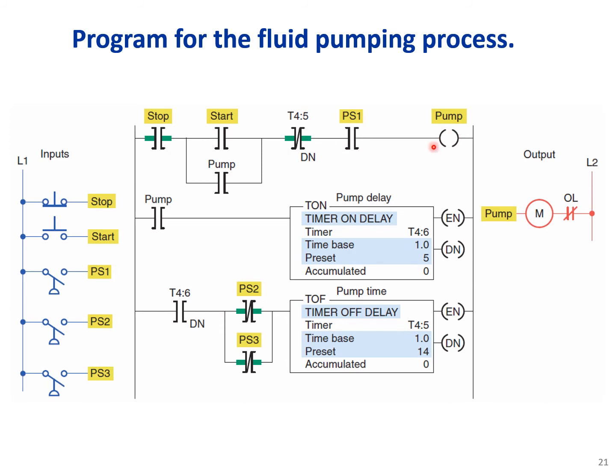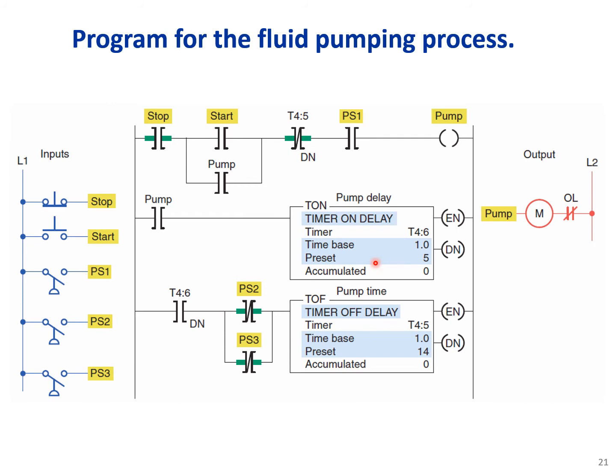then the pump could go on. Also we have this pump contact latch here, just because if this start button is released, we want this pump to keep running. Okay, so once we have this pump running, now we want the second timer to start timing.